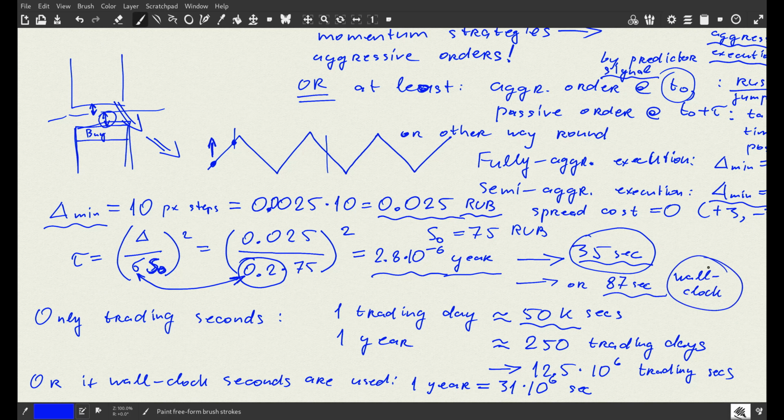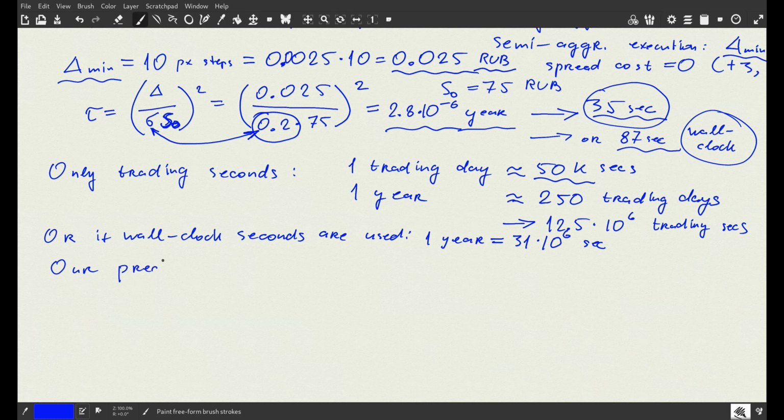which means that we got a very important result now, that our price predictor, our prediction must work with, let's say, 30, 90 second horizons at least.